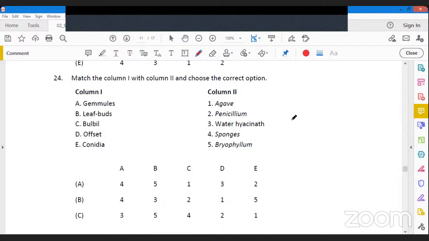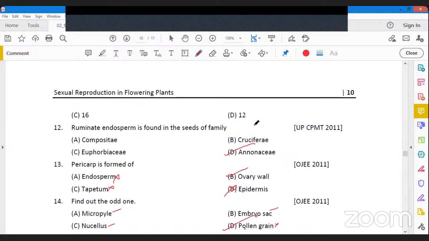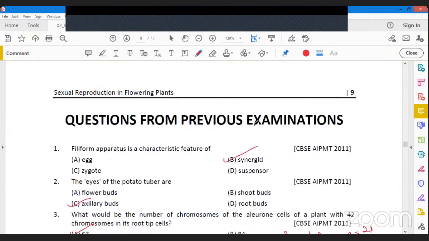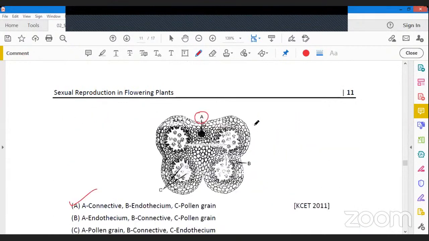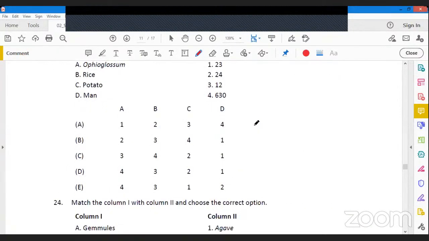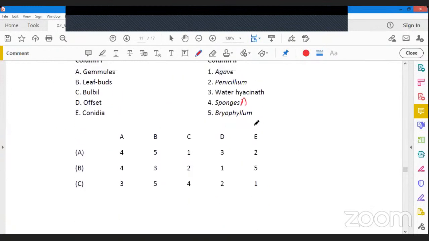So gemmules are found in sponges. Then leaf buds are found in Bryophyllum.